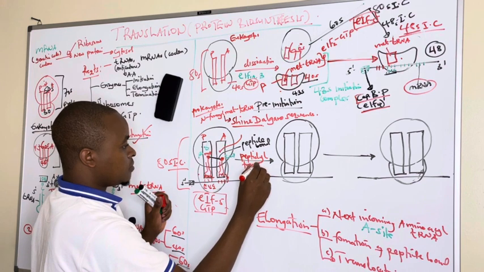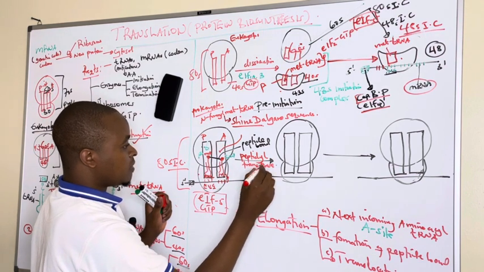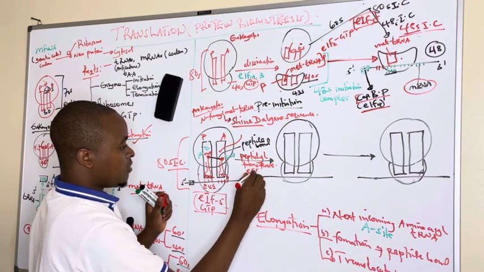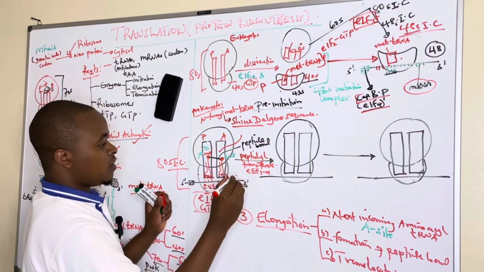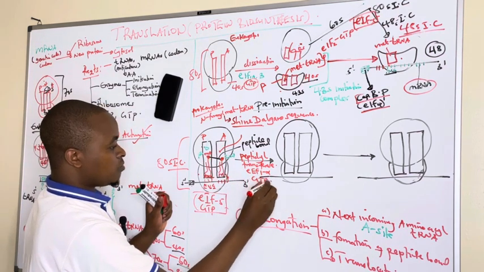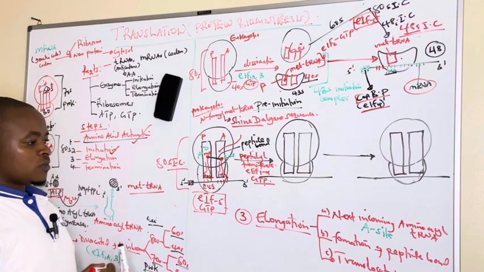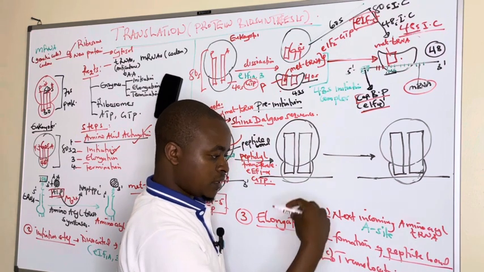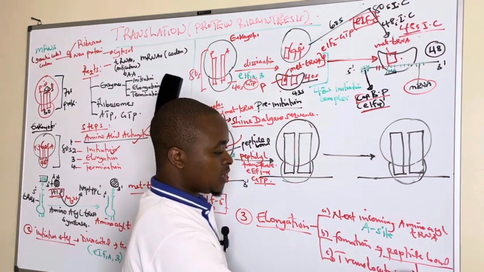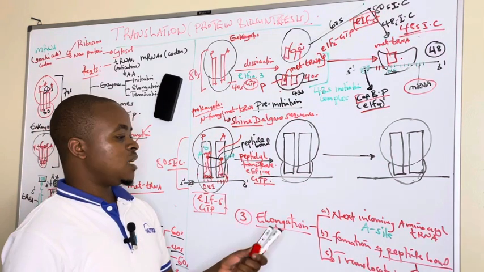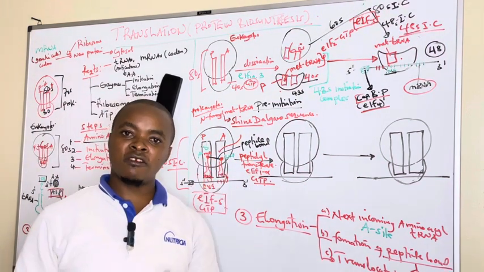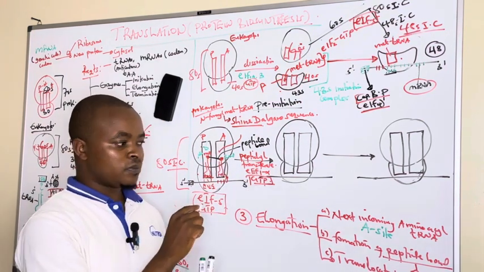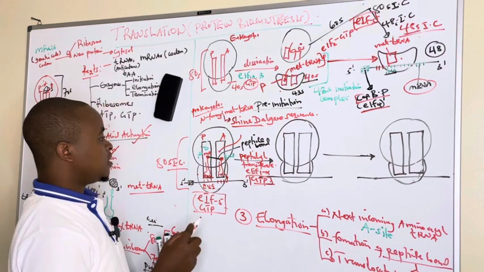And this peptidyltransferase enzyme requires eukaryotic elongation factor 1 alpha together with GTP to provide energy. So we are saying formation of the peptide bond between the first amino acid in the P site and the second amino acid in the A site is catalyzed by peptidyltransferase in the presence of eukaryotic elongation factor 1 alpha together with GTP, which provides the energy, leading to the formation of the peptide bond.